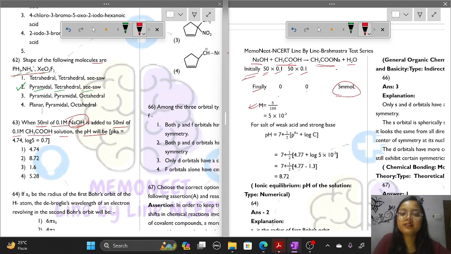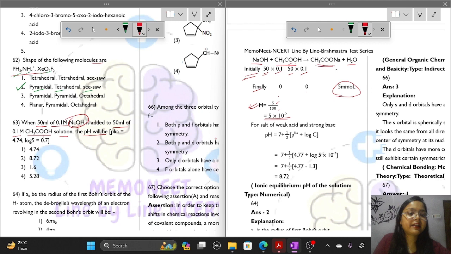For molarity we calculate 5 by 100, which means 5 into 10 to the power minus 2. Now what we have to find? We have to find the pH.